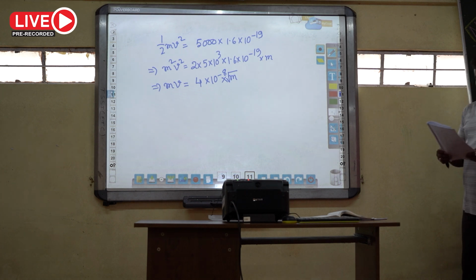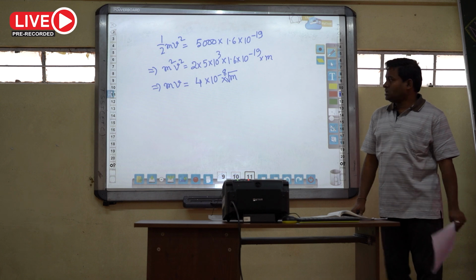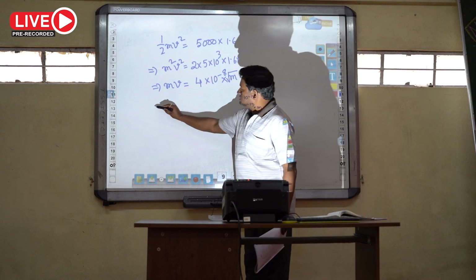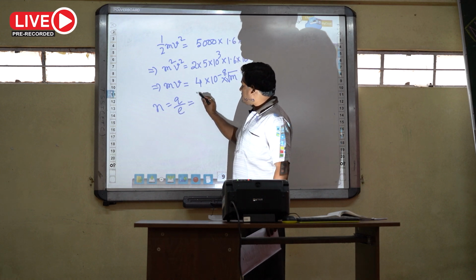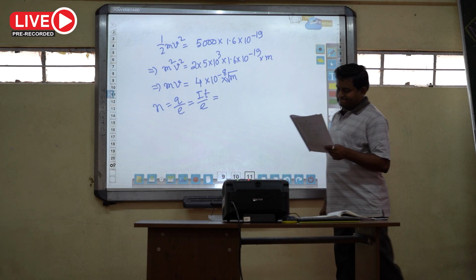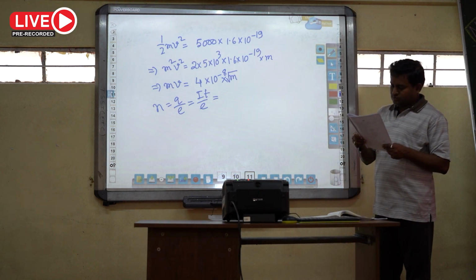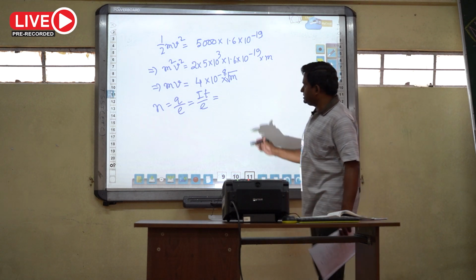Now we calculate the number of electrons striking. Number of electrons striking is total charge by e, that is current into t by e. Incident current is given 50 into 10 to the power minus 3.